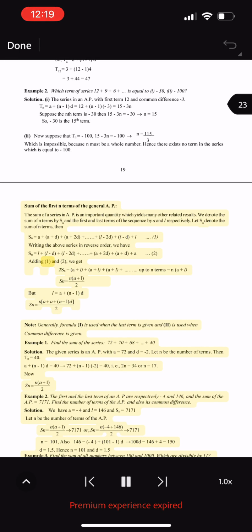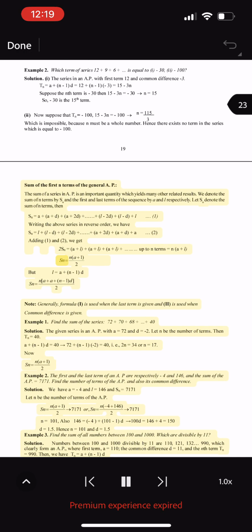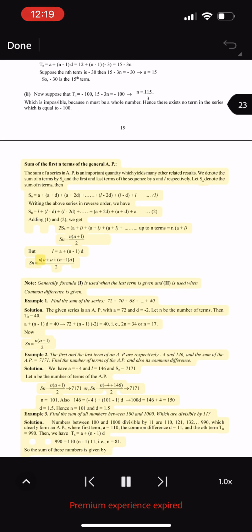Adding 1 and 2, we get 2Sn = (a + L) + (a + L) + (a + L) + ... up to n terms = n(a + L), so Sn = n/2 (a + L). But L = a + (n - 1)d, so Sn = n/2 [2a + (n - 1)d].